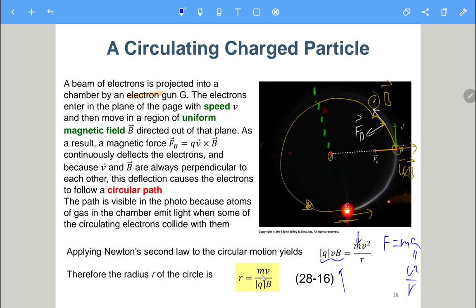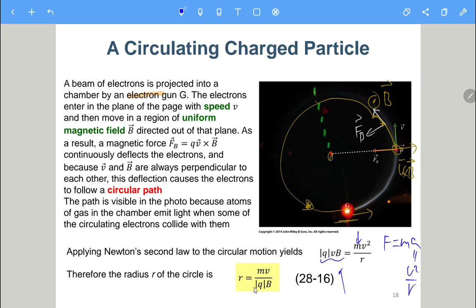m is a constant because the electron has a constant mass, if you don't consider the relativistic effect. This is v, and q is the charge of the electron, which is the elementary charge, and then the B field is what you are given. You assume it is uniform.